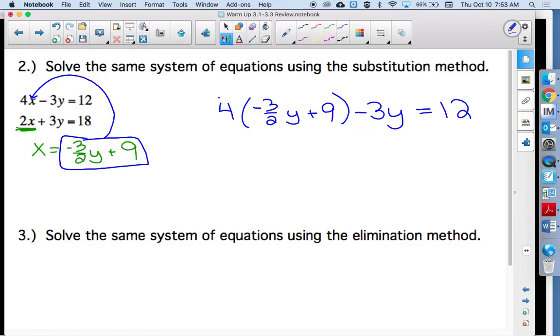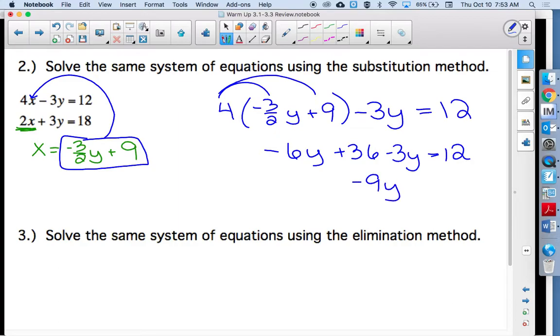So Josh, when you take 4 times -3/2, you end up getting -6. So even though there's a fraction in there, it actually works out pretty nice because the fraction eliminates. And then we have 4 with 9, which is 36. And combining the y's together, taking the 36 to the other side, Josh, you get -9y equals.